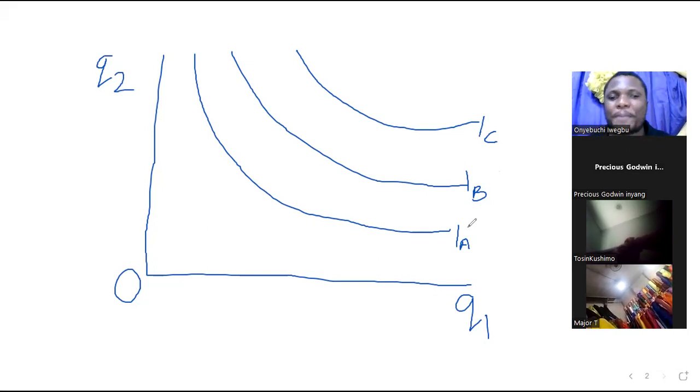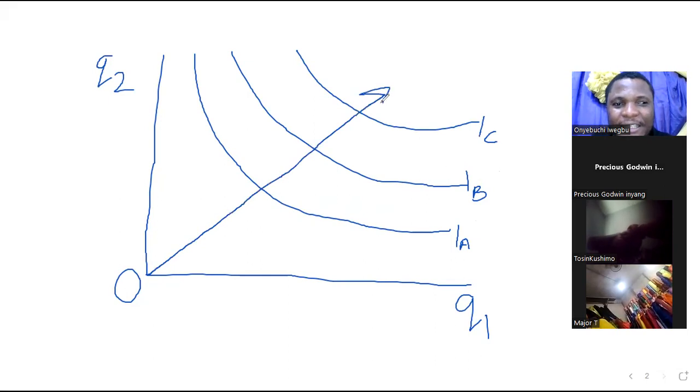The property says that the farther the indifference curve is from the origin, the higher the level of satisfaction.